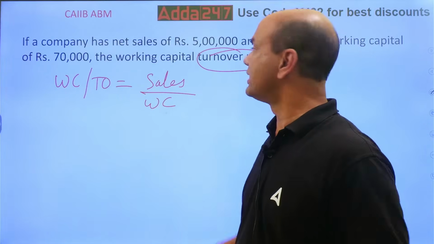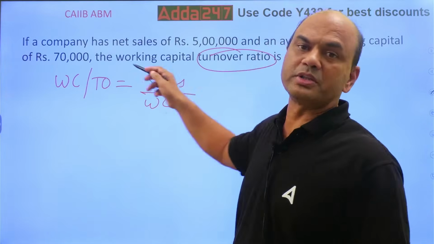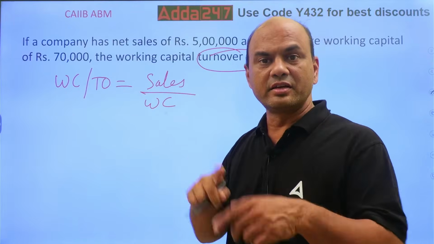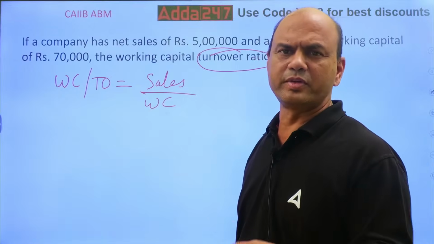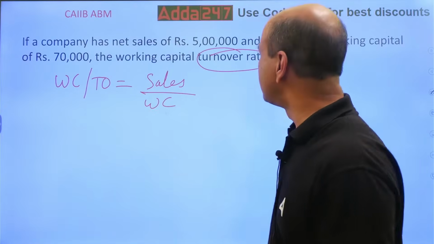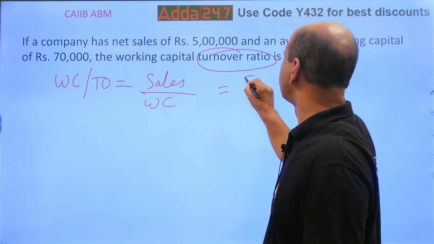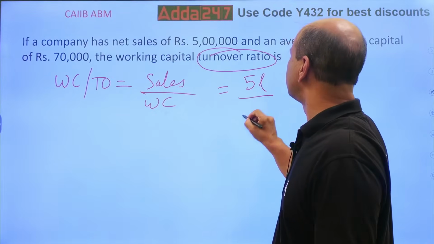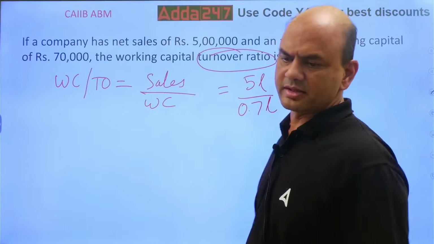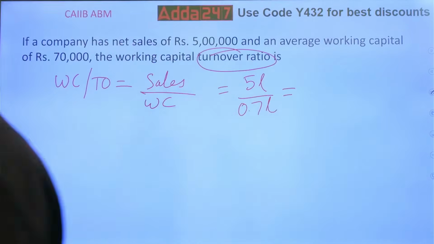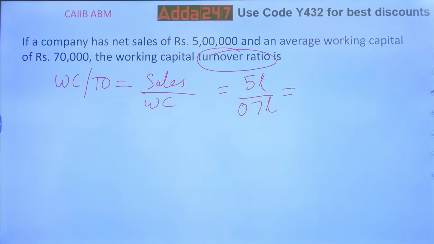Sales upon working capital means that in this much sales, how much of my working capital gets refurbished and moves. So that is equal to 5 lakh upon 70,000, that is 0.7 lakhs. So divide this, get the answer. 5 lakh upon 70,000, do it, everyone.